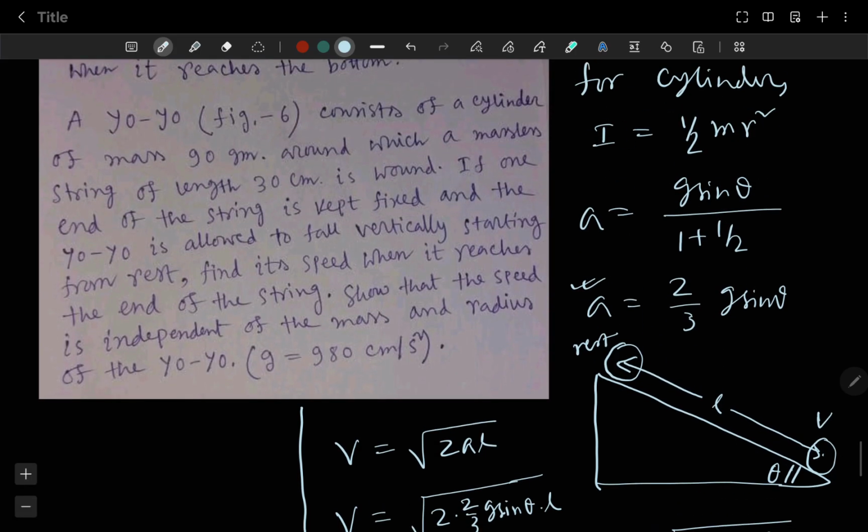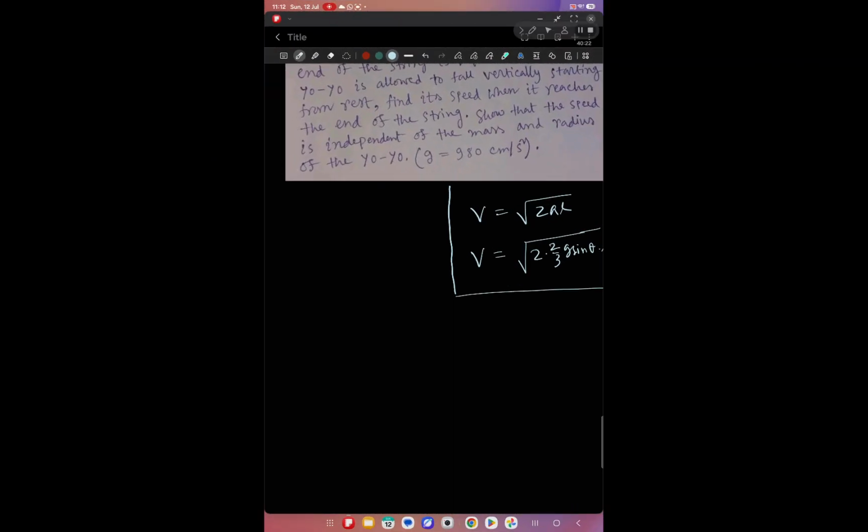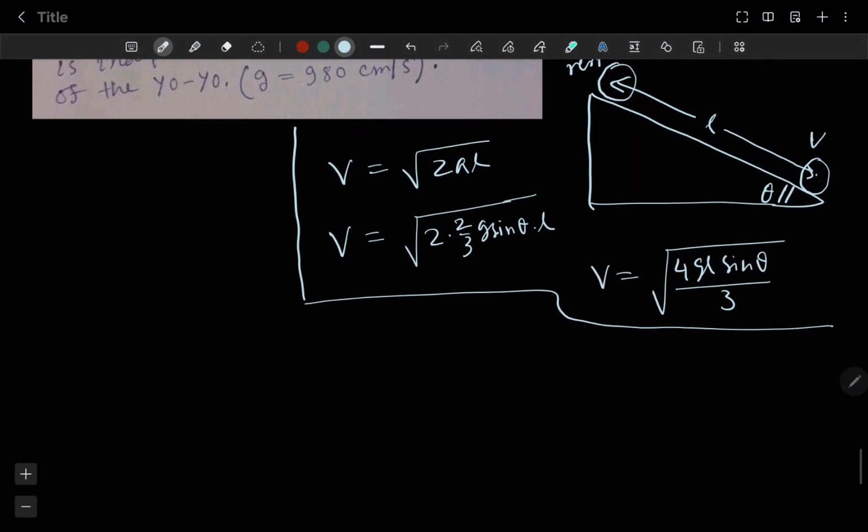This problem, yo-yo problem. Suppose the yo-yo is tied to the string like this, it is coming down with an acceleration a.